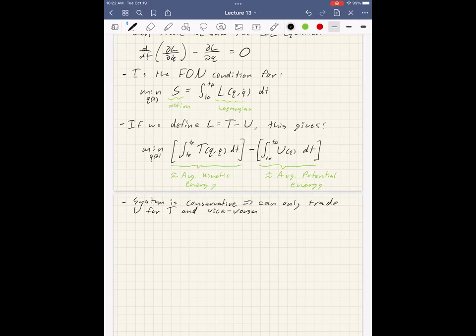Interpretation-wise, think about these as two positive quantities, and the dynamics are going to trade one for the other and try to bring them close to each other and make them match as I integrate the system forward. So that's what this equation says: I want to minimize the difference between them, AKA make them as close to each other as possible. And that jives with what we expect to happen with a ball rolling downhill. So let's write that down.